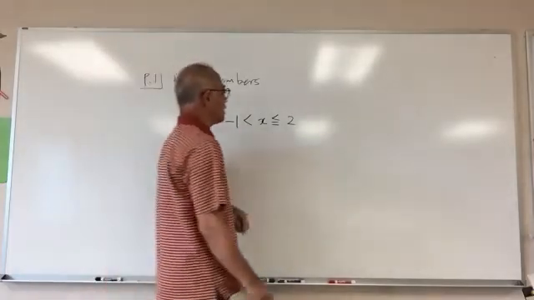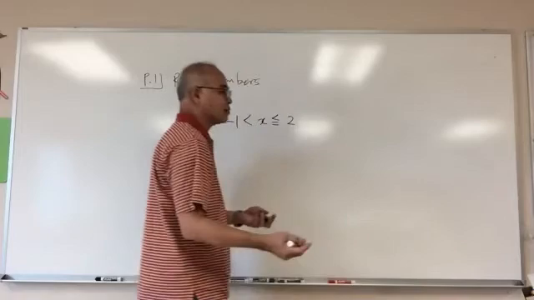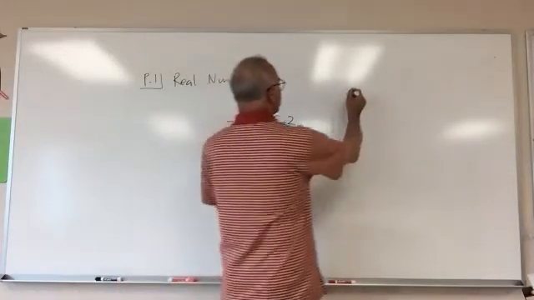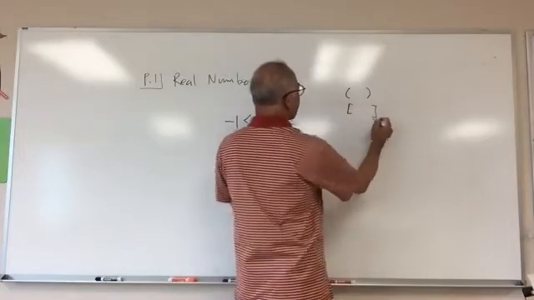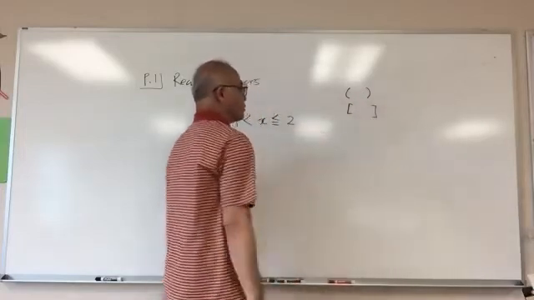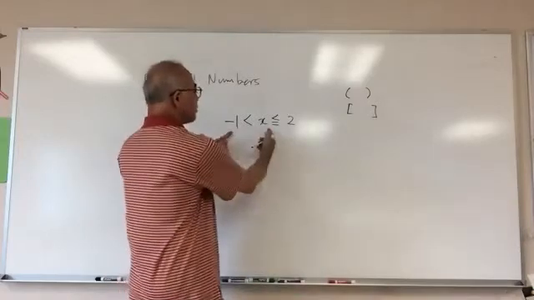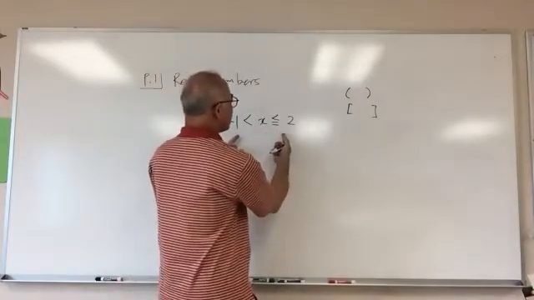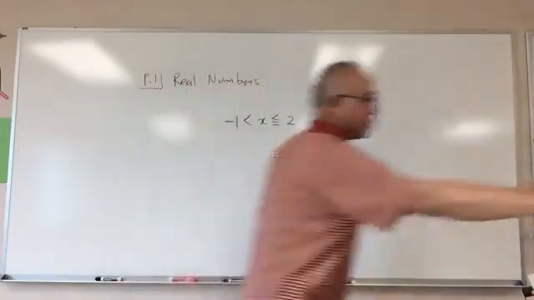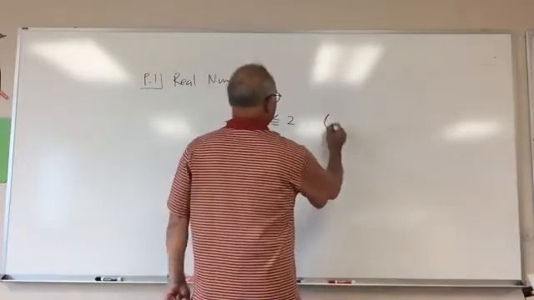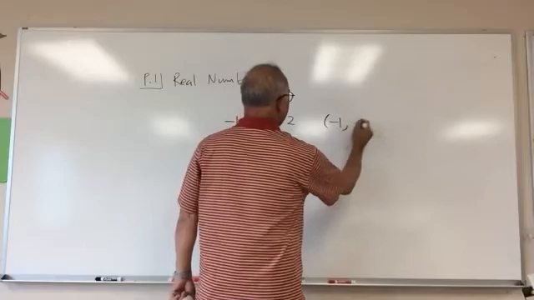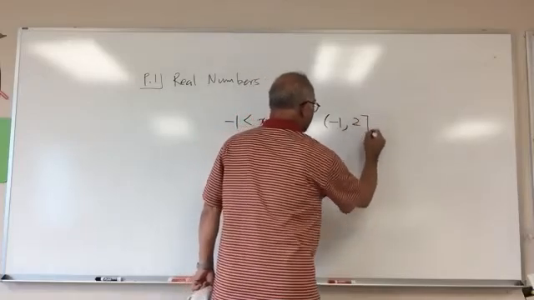First one is using brackets. When we use brackets, we're going to use either this kind of bracket or this kind of bracket or a combination of those, okay? So the notation that I'm going to use here is -1 and 2.